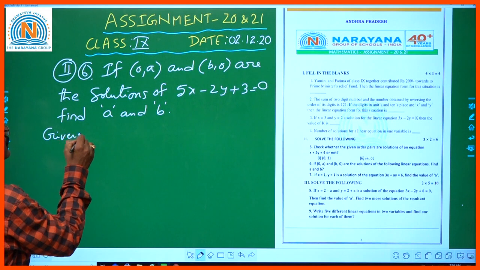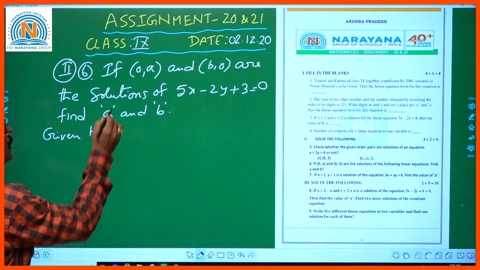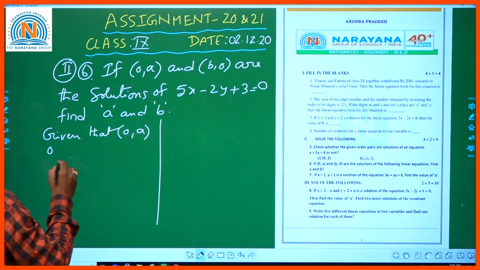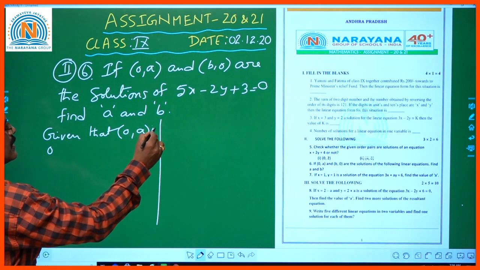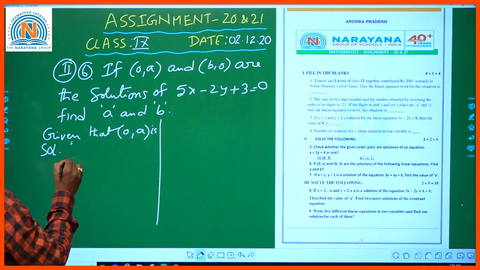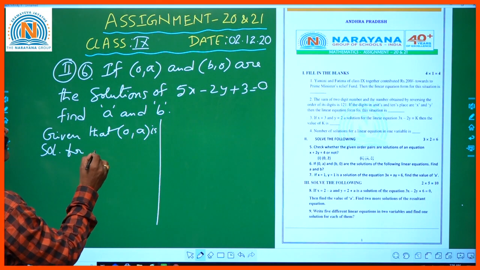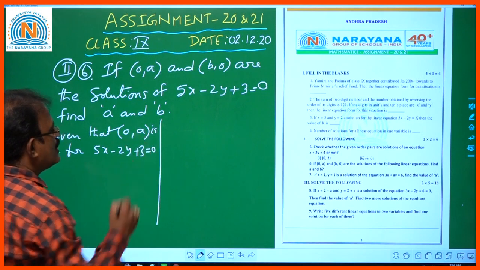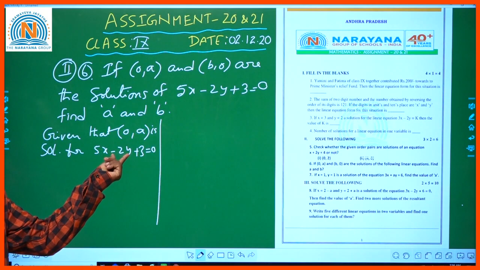Now, given that 0 comma a is a solution for 5x minus 2y plus 3 equal to 0. Substitute these values here.